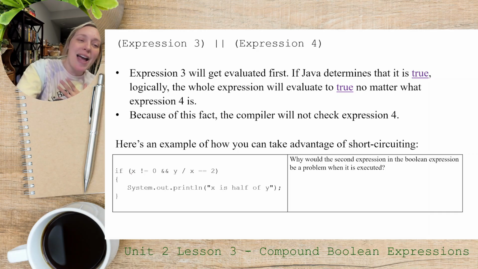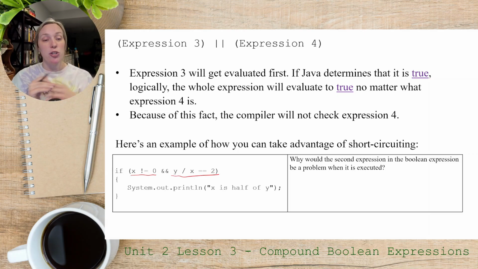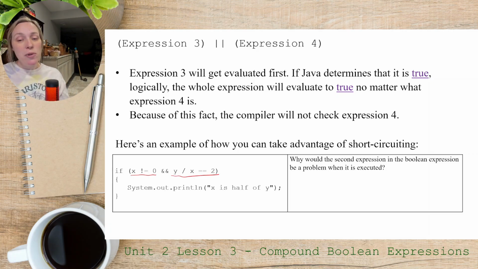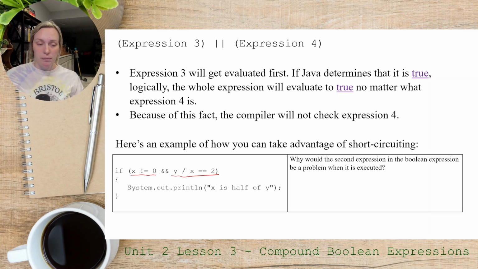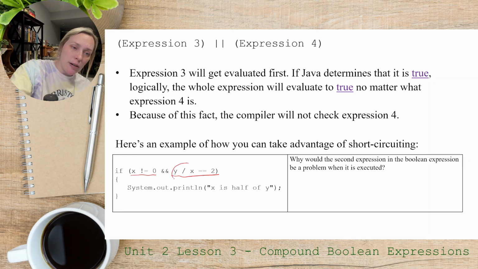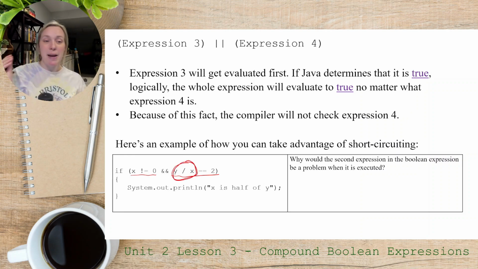Well, it says if x is not equal to 0 and y divided by x is equal to 2, then we say x is half of y. Why would this be a way of taking advantage of short circuiting? Well, this expression right here involves dividing by x. If x is 0, when I go to divide by it, I'm going to get a runtime error. An arithmetic exception is going to be thrown if x is 0. So I don't want that to run if x is 0.